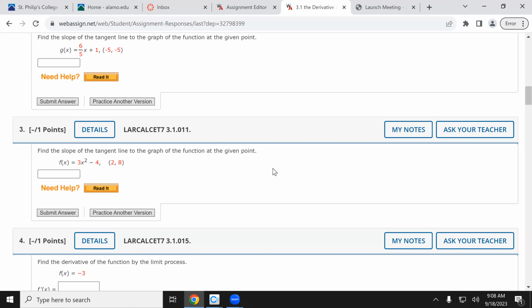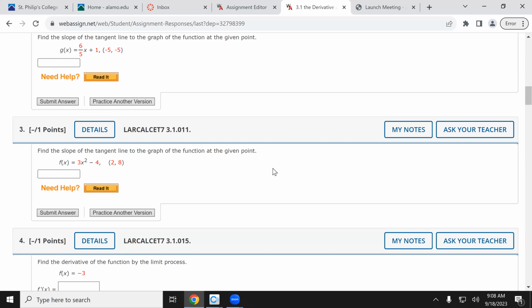Now you already know how to find the slope, but you forgot. How are we going to find the slope? Where is the slope? We have a formula. It's the slope-intercept form, y equals mx plus b. So that means g of x equals 6/5 x plus 1.